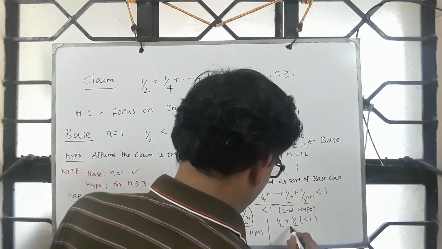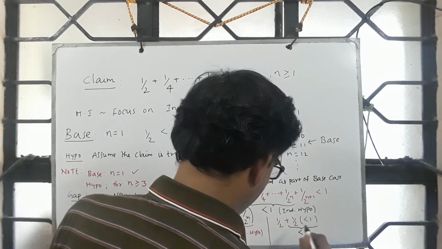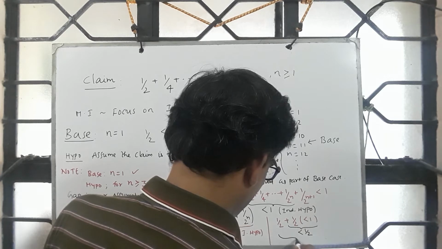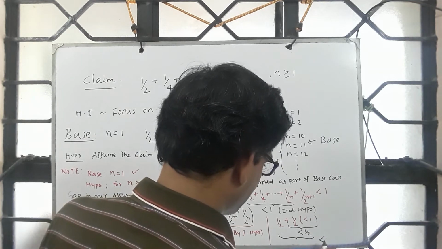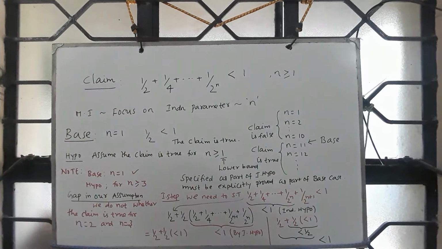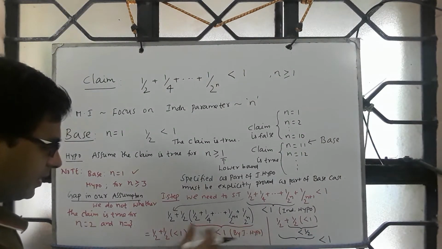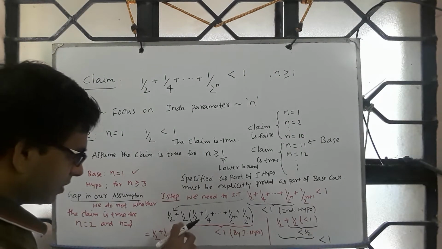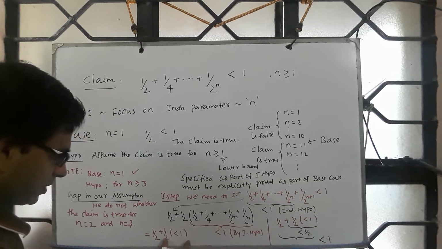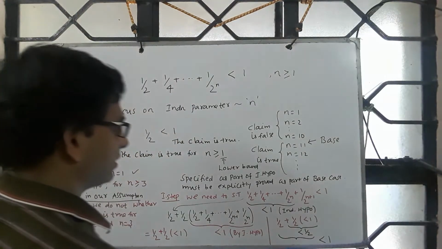Now this quantity is strictly less than half, and this is half plus a quantity which is strictly less than half. Together it is strictly less than 1. Correct? So this quantity is strictly less than 1, which means half into this quantity will be strictly less than half. With that you add half, you get a quantity which is strictly less than 1.